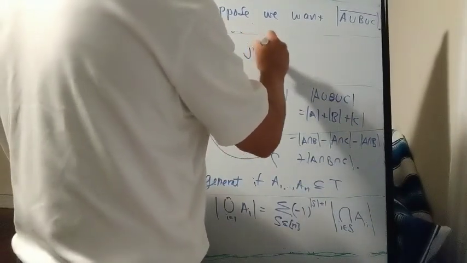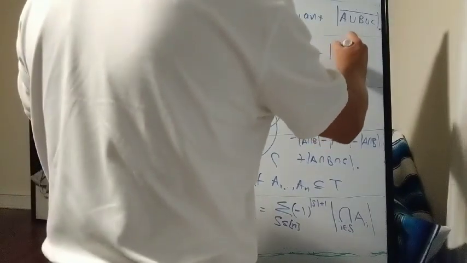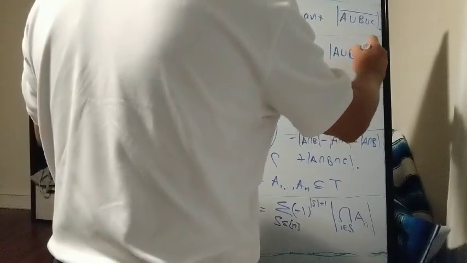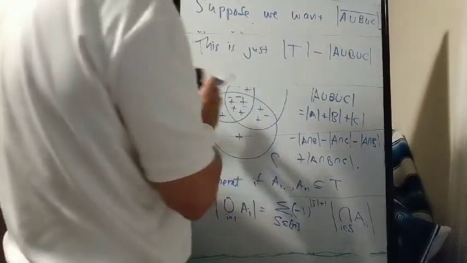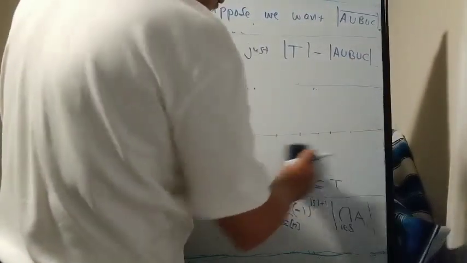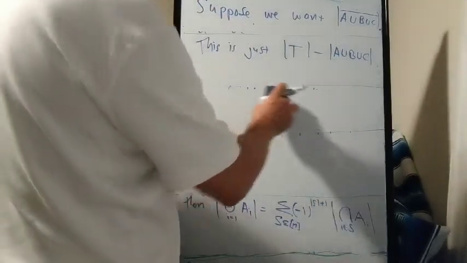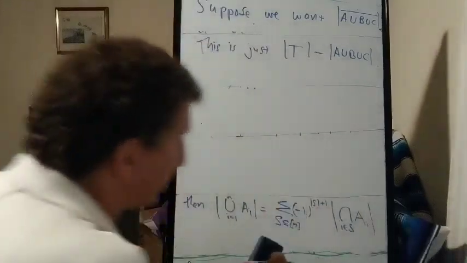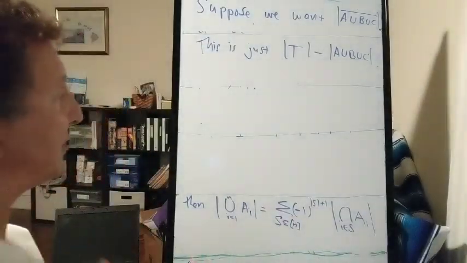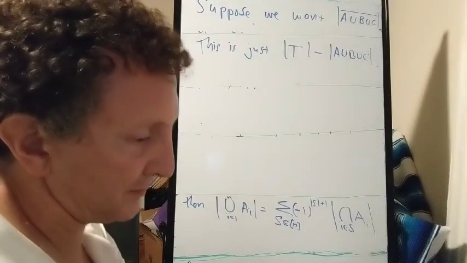So this is just the number of elements in T minus the number of elements in A union B union C. So that looks like a trivial extension of what we just did, but in practice it looks a little bit different.